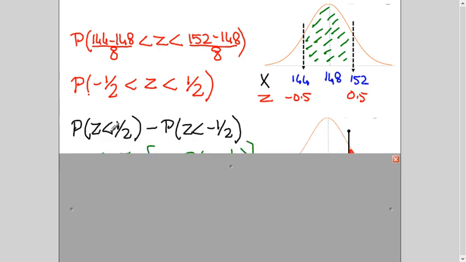So what I'm doing here is writing probability of z less than half minus probability of z less than minus half. This is half here and this is minus half, so I'm saying this whole minus this. Now let me tell you one thing: students usually get confused by the inequality symbol.